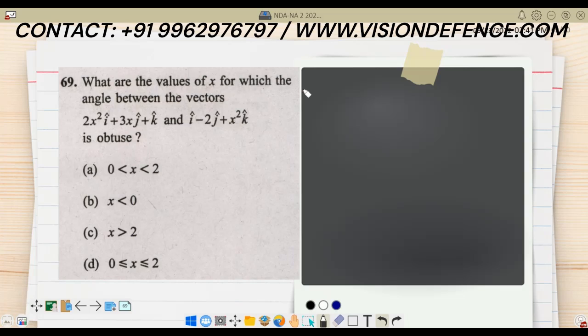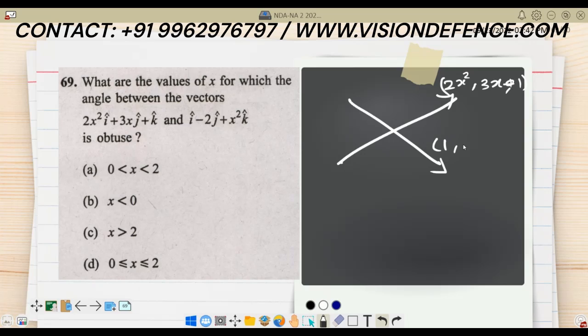The 69th question: what are the values of x for which the angle between the two given vectors is obtuse? In a dot product, to get an obtuse angle between the two vectors, one vector is 2x square, 3x, 1, and the other is 1, minus 2, x square.